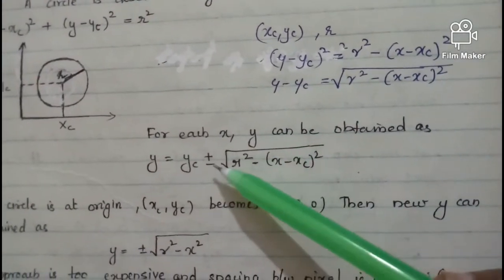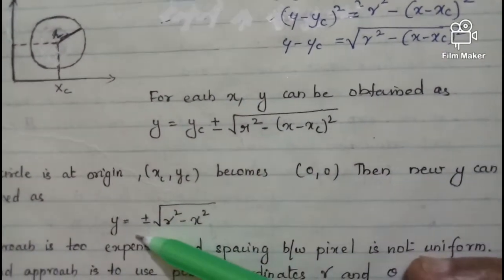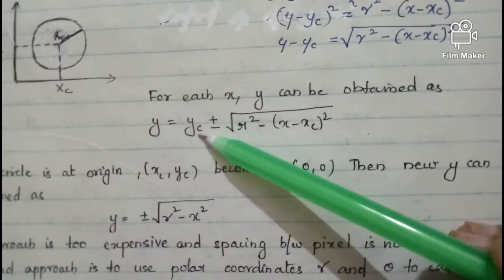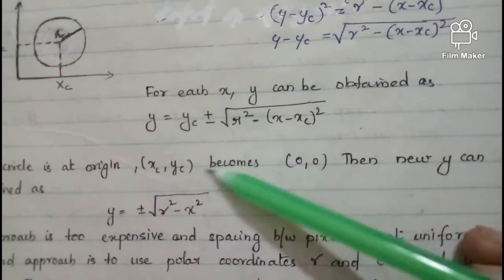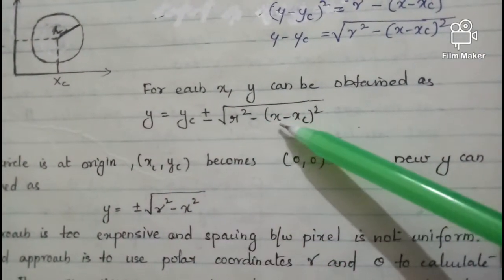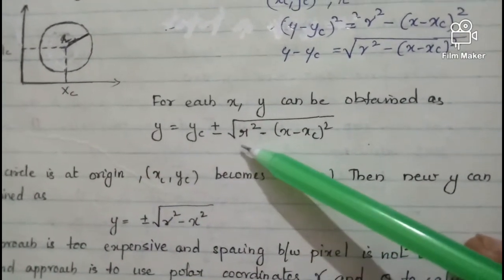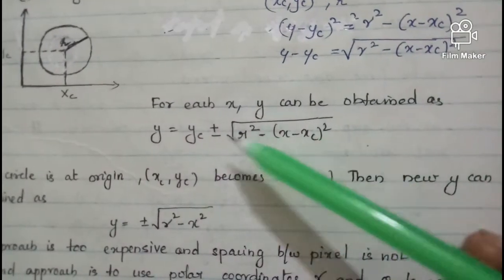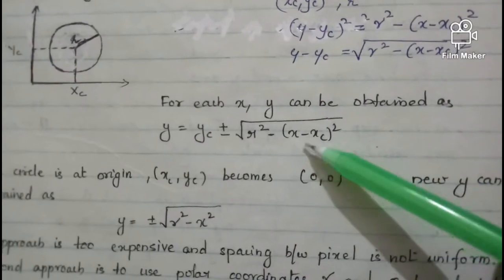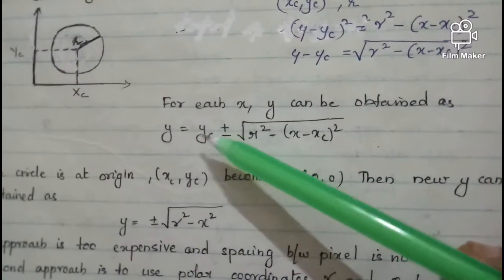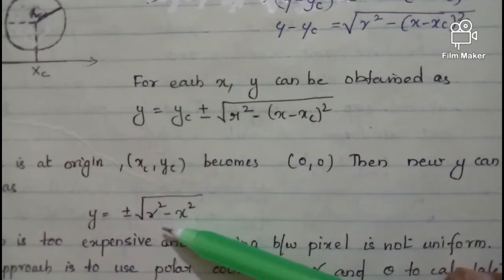In such a situation, this equation can be rewritten as y is equal to yc, which becomes 0, plus or minus square root of r square minus x square, since xc is 0. So when xc, yc both are zeros, which means the circle is centered at origin, the corresponding equation of y can be computed as y is equal to plus or minus square root of r square minus x square.